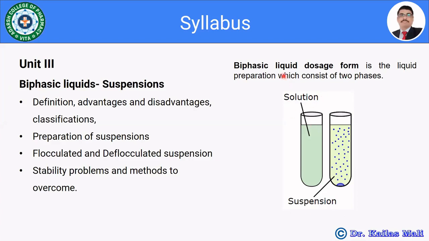So biphasic liquid dosage form is the liquid preparation which consists of two phases. As in the case of suspension, the solids are dispersed into the suitable liquid. Solid is nothing but an active pharmaceutical ingredient or the drug.